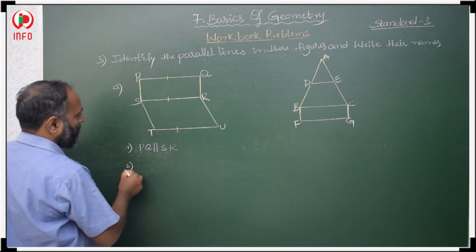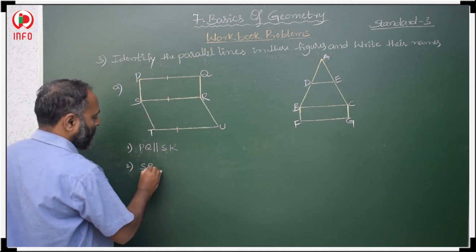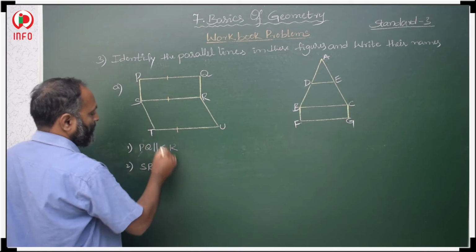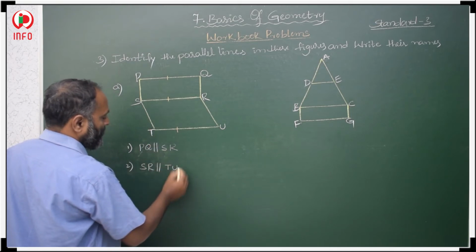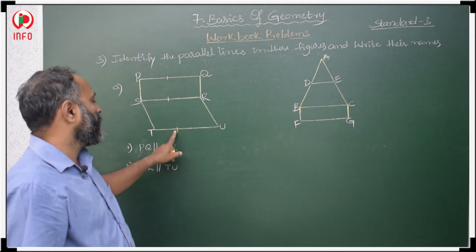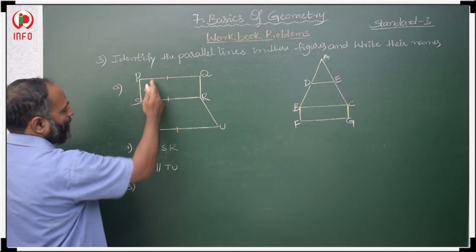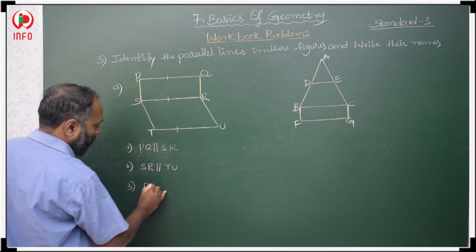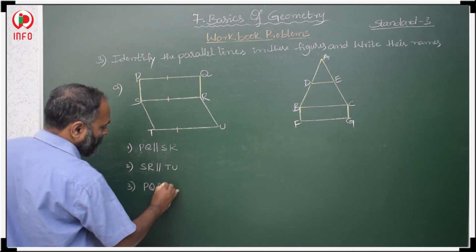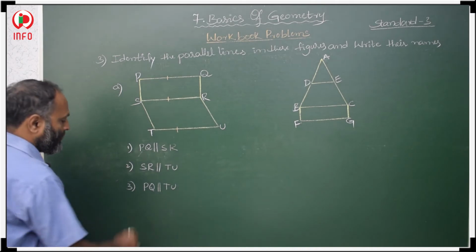Second, SR line is parallel to TU line. PQ is parallel to SR, SR is parallel to TU, and also PQ is parallel to TU, and all these three are parallel.